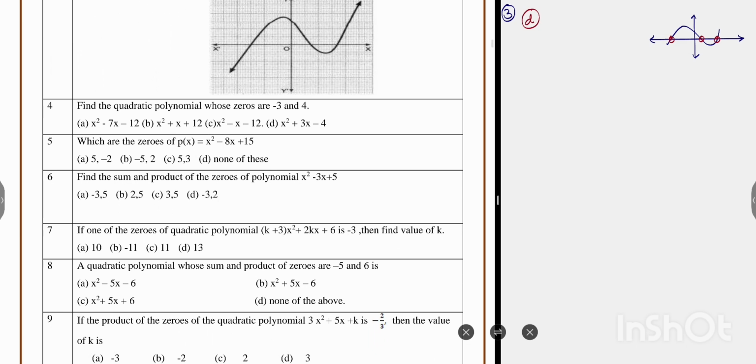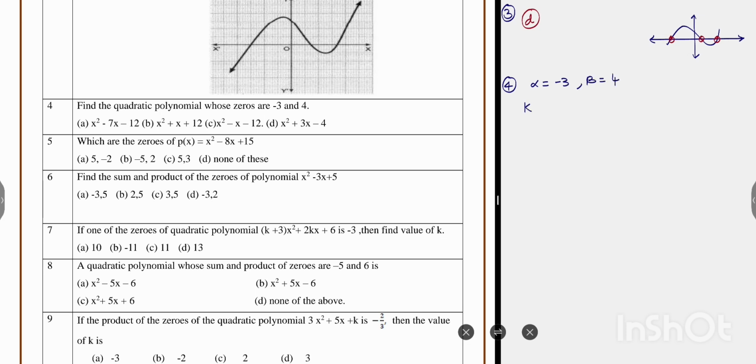In question number 4, we have to find a polynomial whose zeros are minus 3 and 4. So here alpha and beta are given. Alpha is equal to minus 3 and beta is equal to 4.